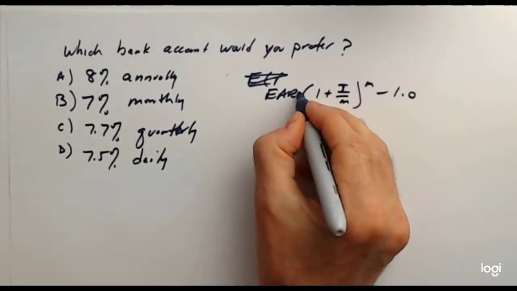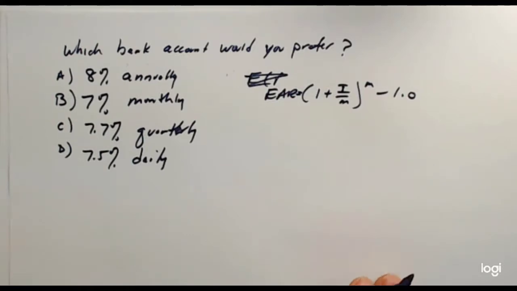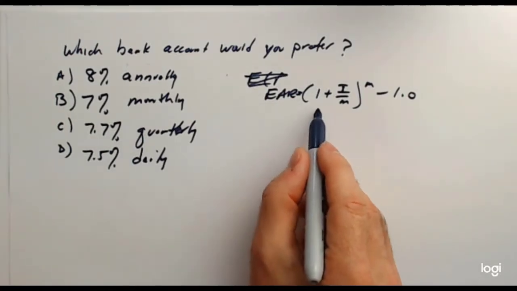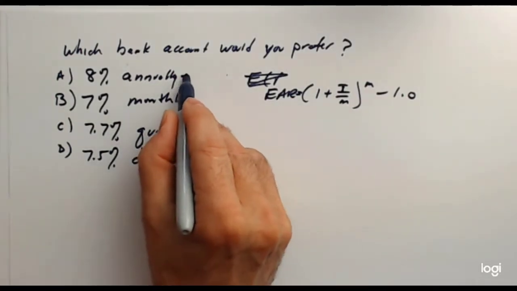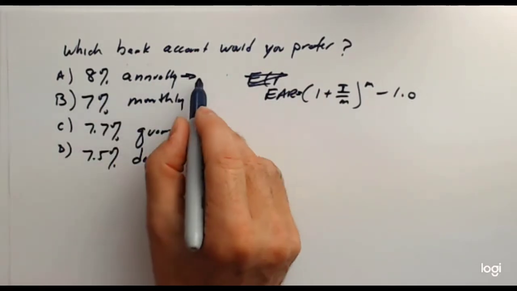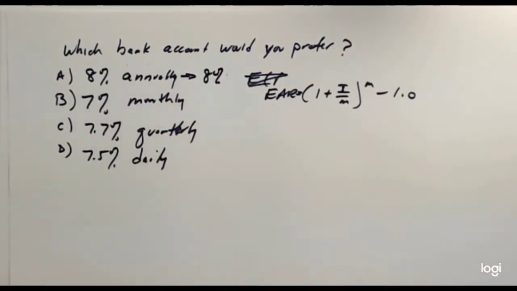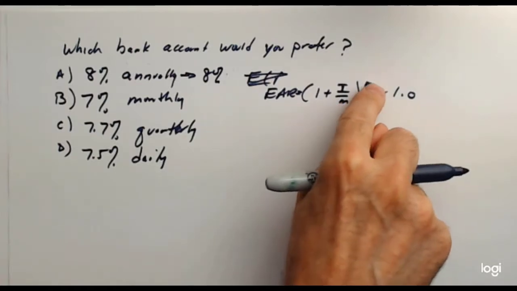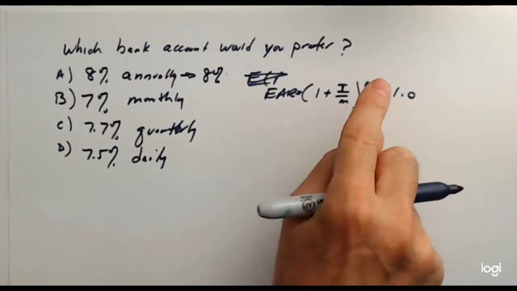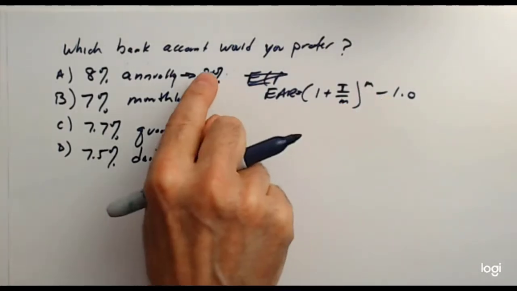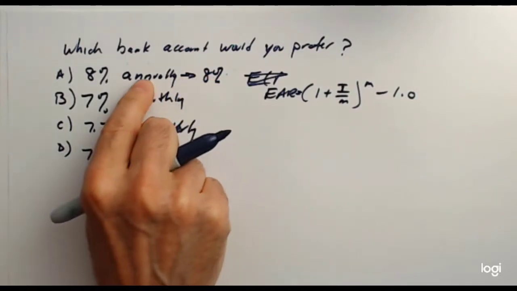Okay. Oops. Put that equal sign there. And let's do it here. So you don't have to do any math for an annual because you're going to get 8%. That's what I showed you a minute ago, because when you divide by 1, there's only one compounding period. It doesn't do anything mathematically. So 8% is 8% on an annual basis.